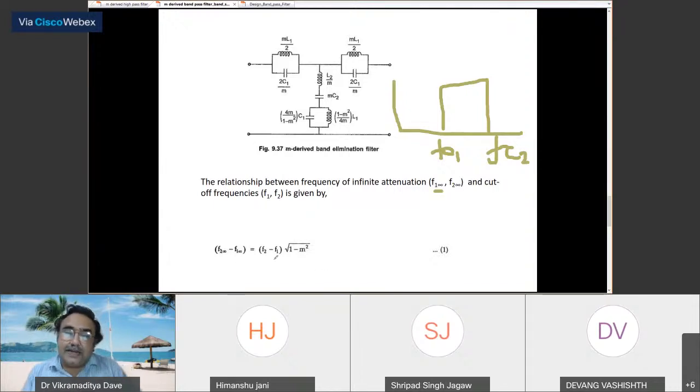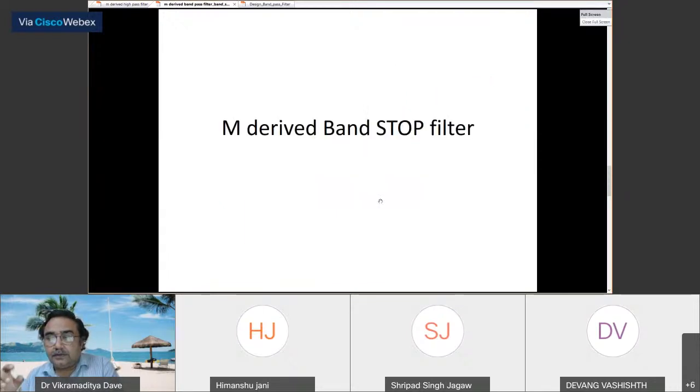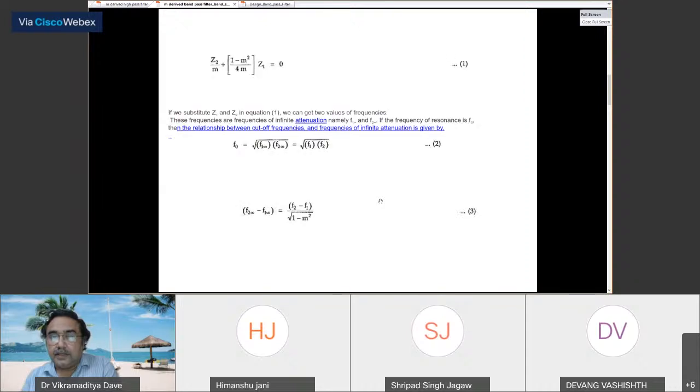Now here you will find a slight difference. The formula for the geometric mean is the same, but the formula establishing the relationship between the finite attenuation frequencies and the cutoff frequencies with m is different. Earlier it was F2 infinity minus F1 infinity equals F2 minus F1 upon under root 1 minus m square.